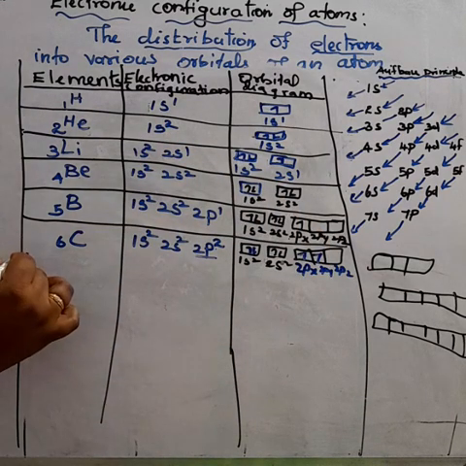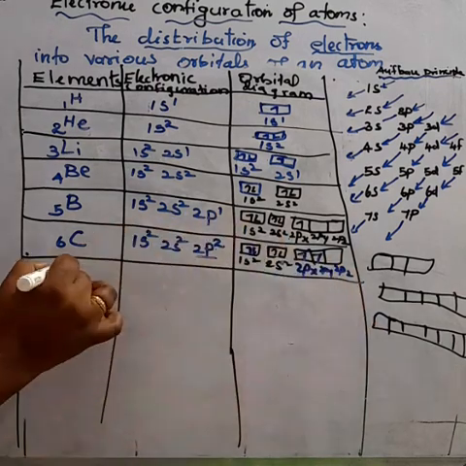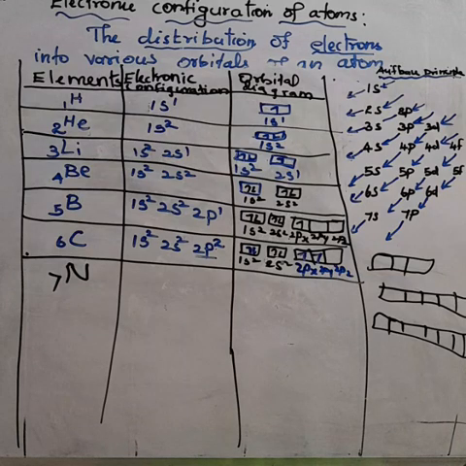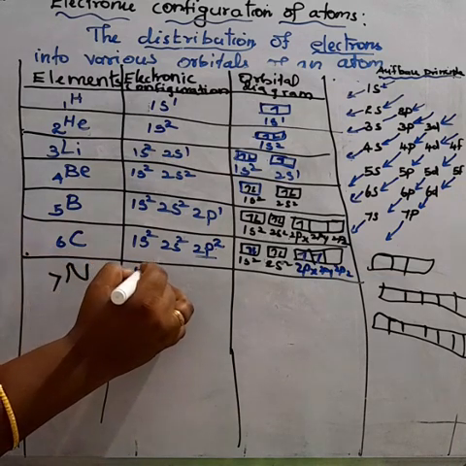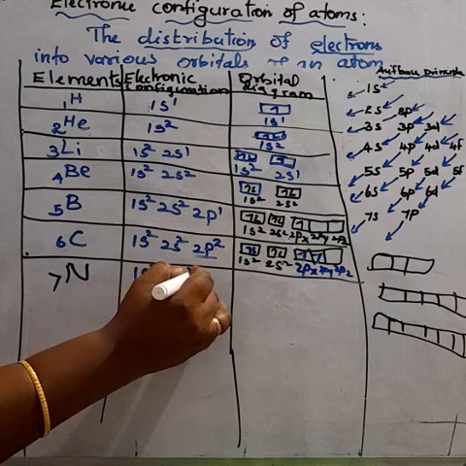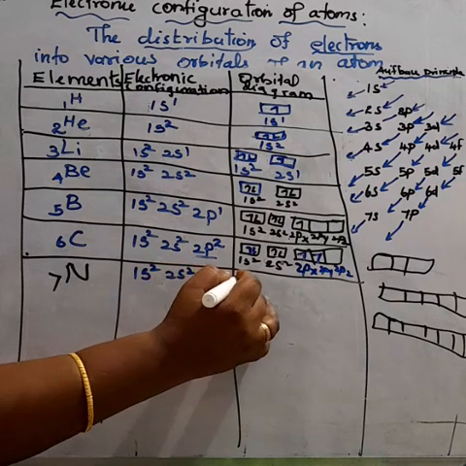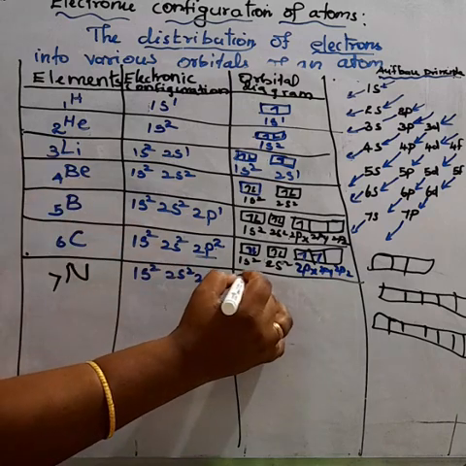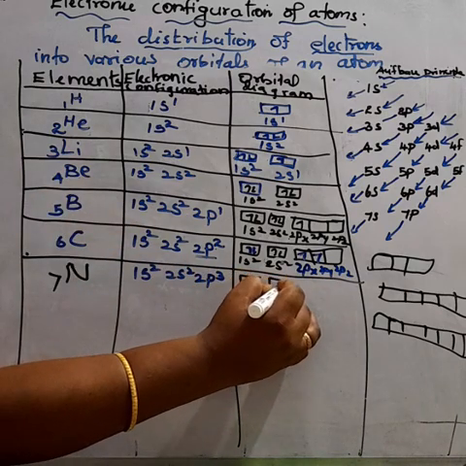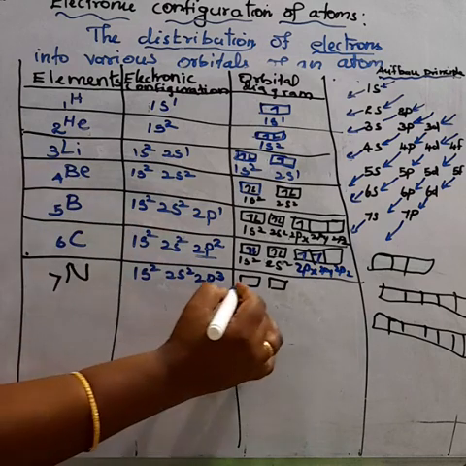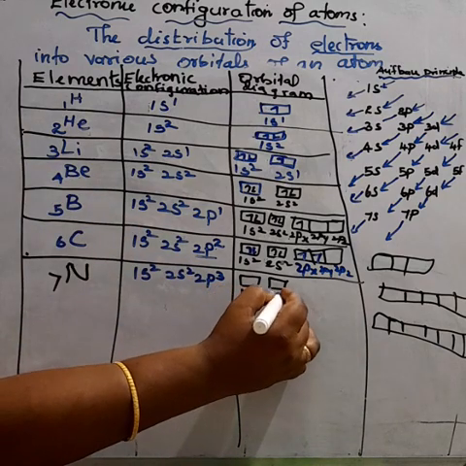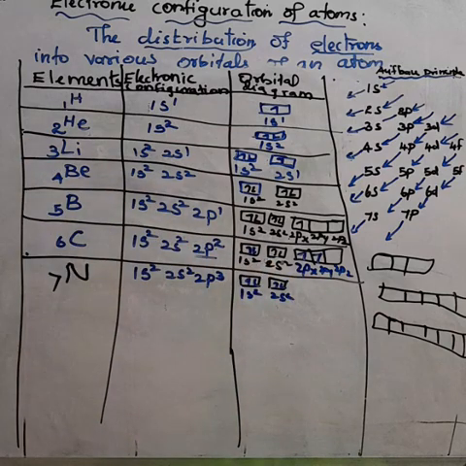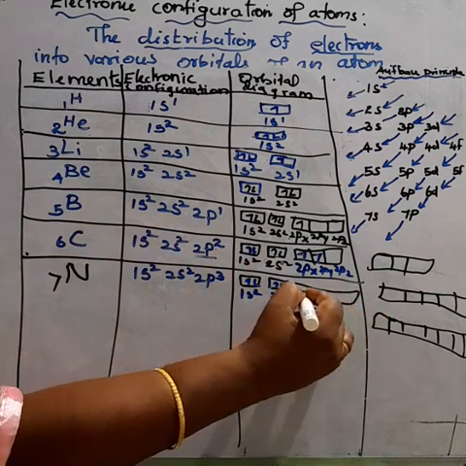And the nitrogen atom, atomic number 7. So the electronic configuration is 1s2, 2s2, and the remaining 3 electrons we can accommodate in the p orbital. So how will you draw the orbital diagram? First the 1s orbital, 2 electrons, and the 2s orbital, 2 electrons. After that the 2p orbital, 2px, 2py, 2pz.